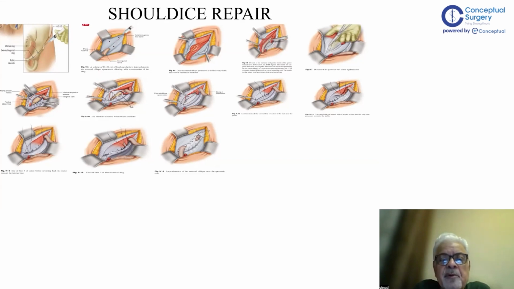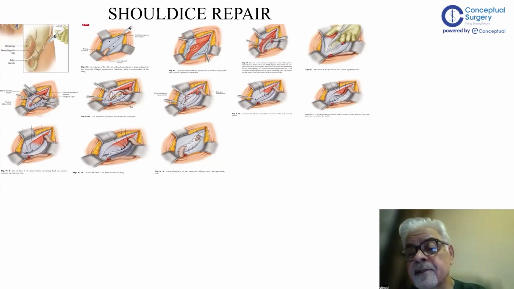Most of the people working there are not even full-blown surgeons. Some of them may be just medical officers who have been trained to do this repair day in and day out. The kind of results that they have given on this repair has not been reproduced by other centers, because people don't have that kind of localized, focused training in Shouldice repair.